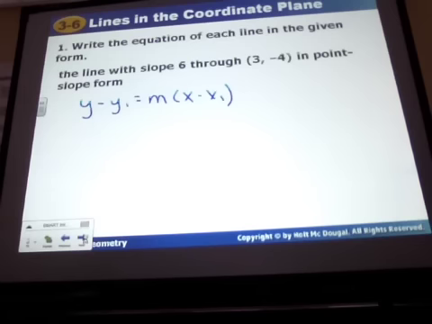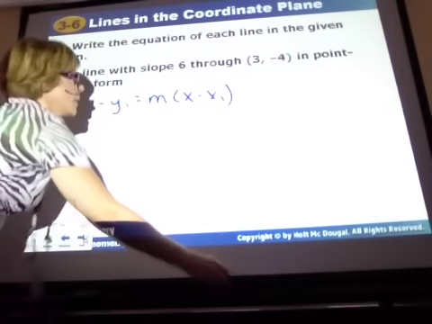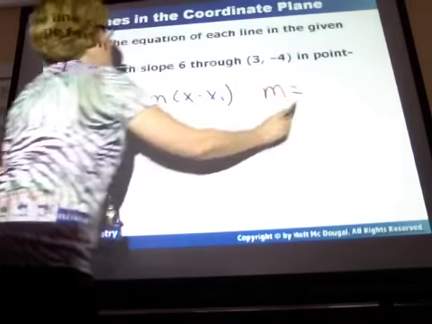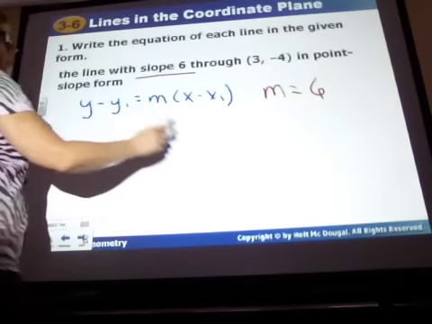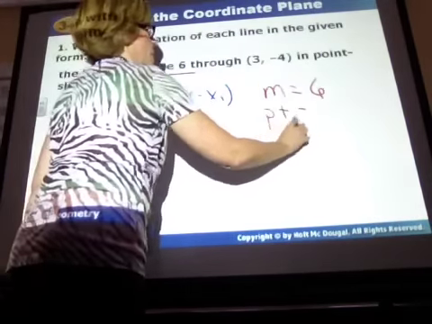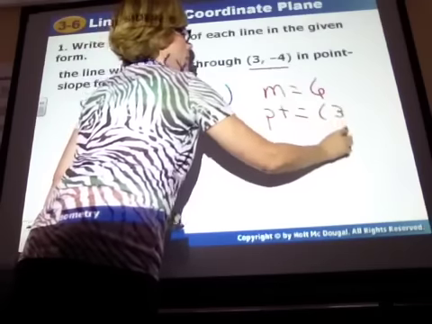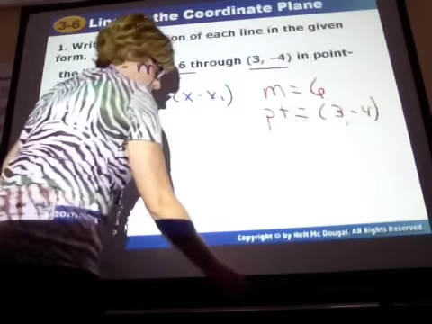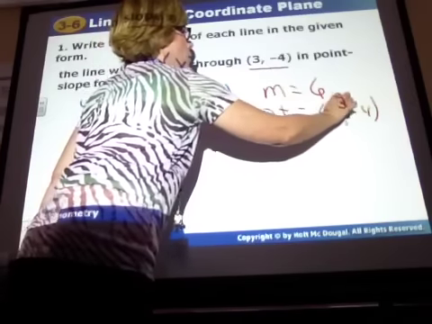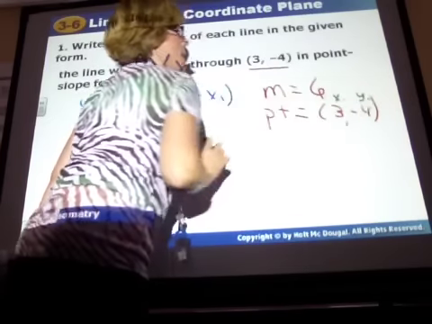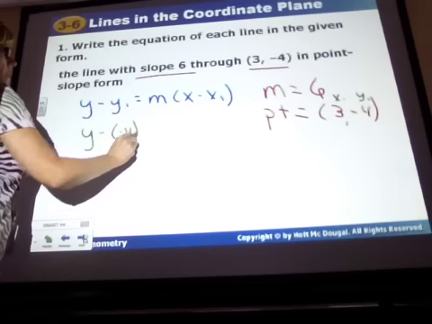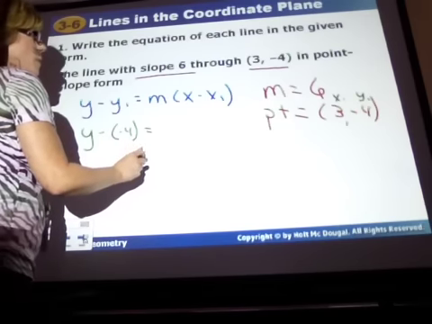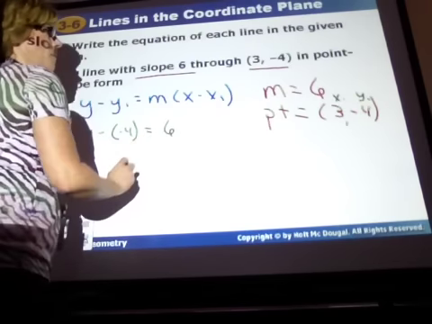In order to use your point-slope form, we need to know what the slope is, and it is given, and we need to have one point, and it is given. Here's your x coordinate and your y coordinate on that point. Therefore, we can substitute into our point-slope form.